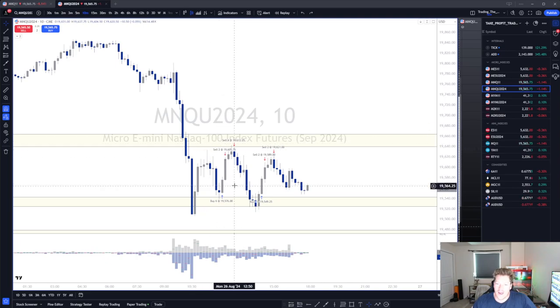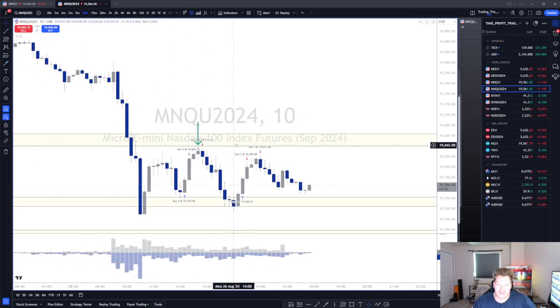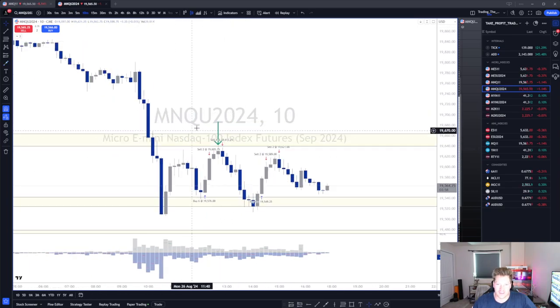Now, you could also have shorted this move, right? There's a name for this candlestick right here, where you have more wick on the top and a little on the bottom. It's not exactly a gravestone.